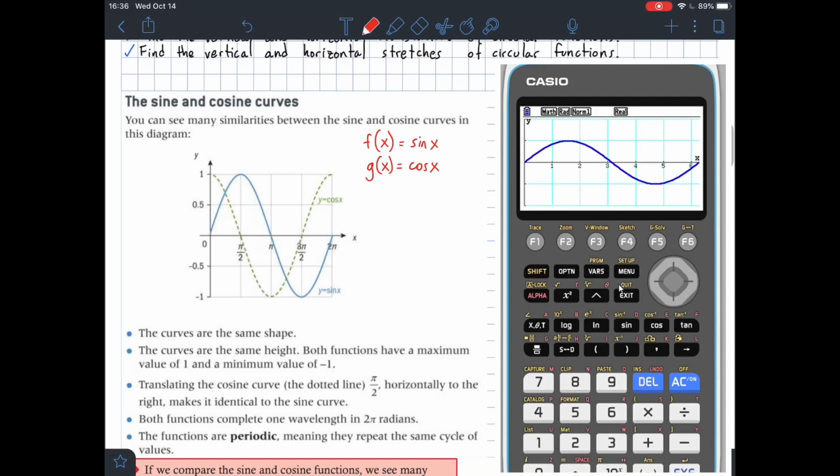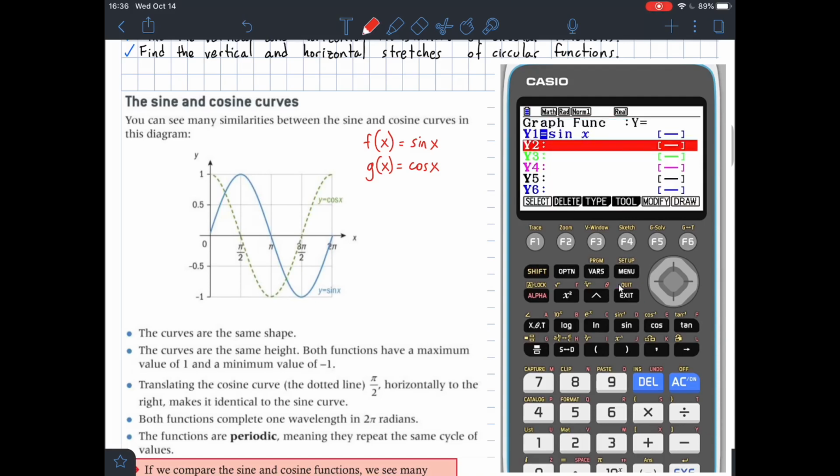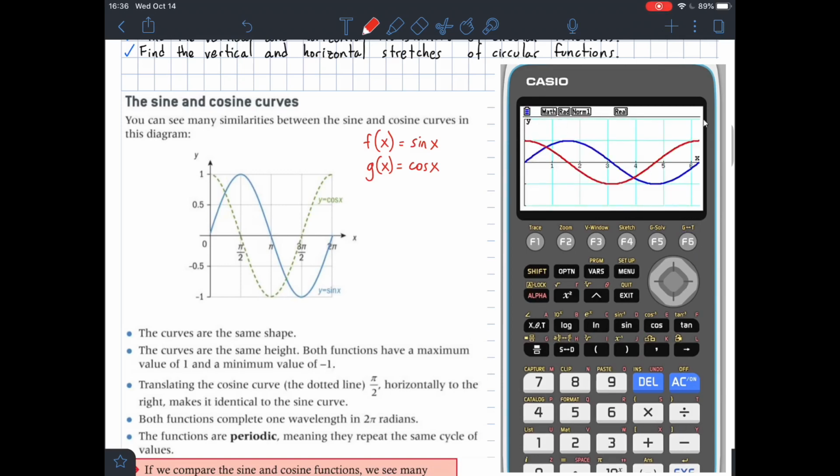Now, if we graph the second function, cosine of x, you will see that it has the same shape, but it's kind of displaced. That's exactly what you see in this graph over here. So these are the two functions that we're going to be analyzing.